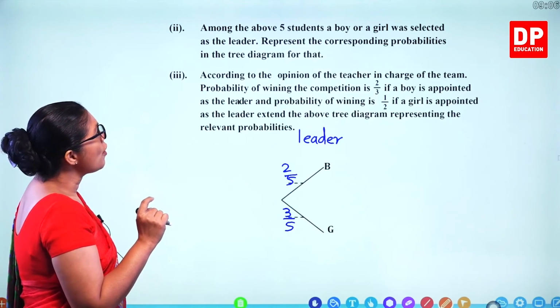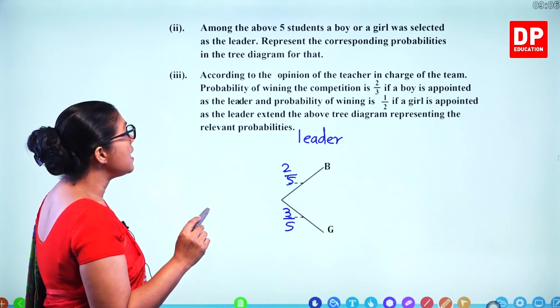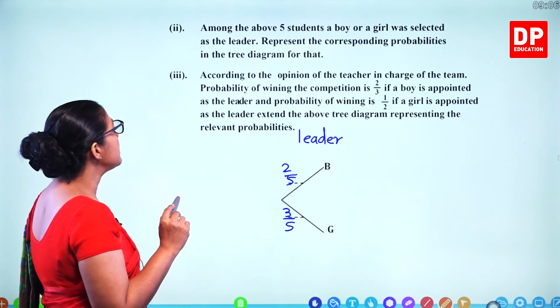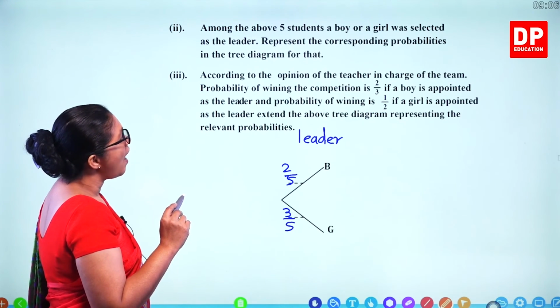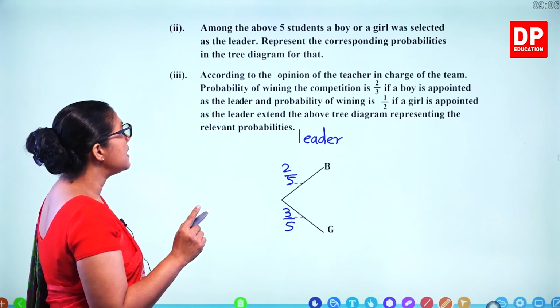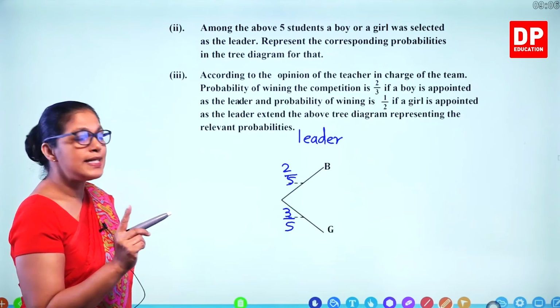Then according to the opinion of the teacher in charge of the team, the probability of winning the competition is 2/3 if a boy is appointed as the leader. And the probability of winning is 1/2 if a girl is appointed as the leader. Extend the above tree diagram representing the relevant probabilities.